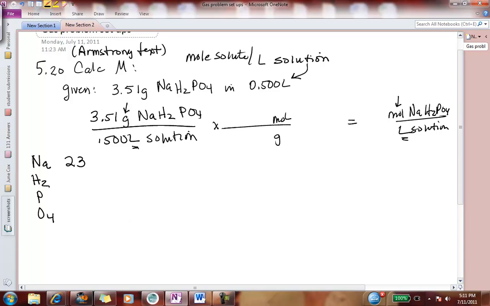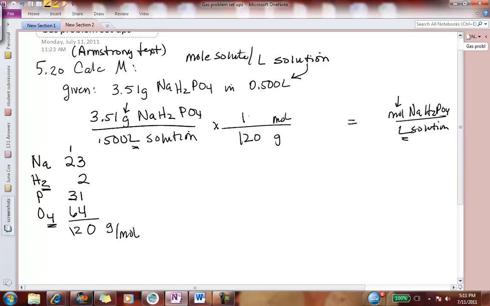Sodium is 23. The 2 hydrogens are 2. Phosphorus is 31. And all 4 oxygens will add up to 64. So my total here, carry 1, is 120. So there are 120 grams per mole.